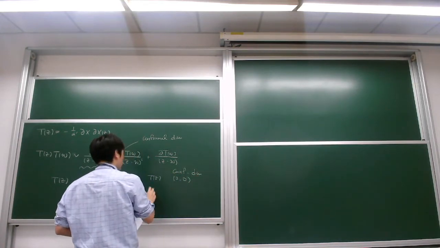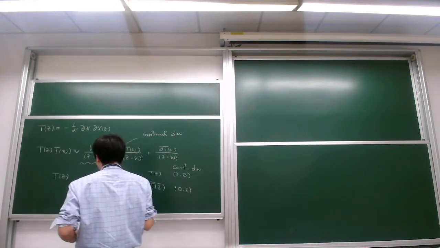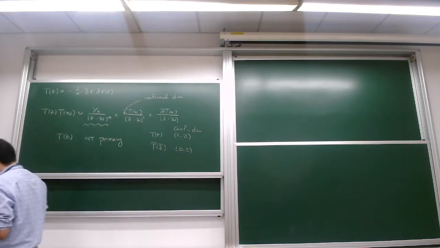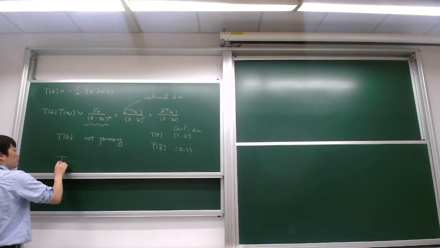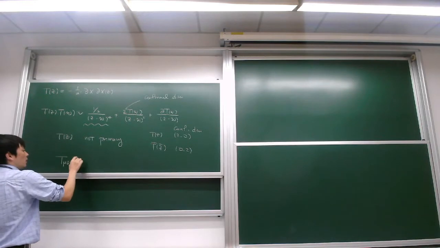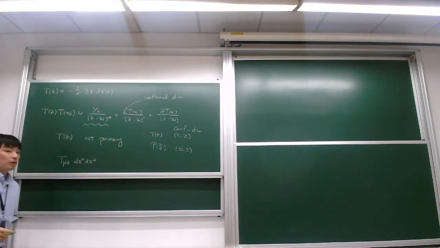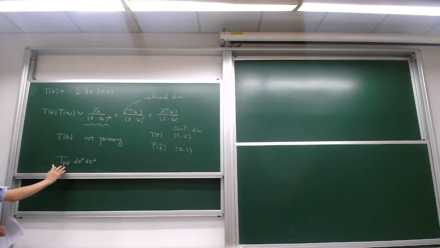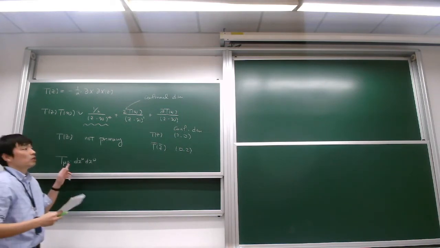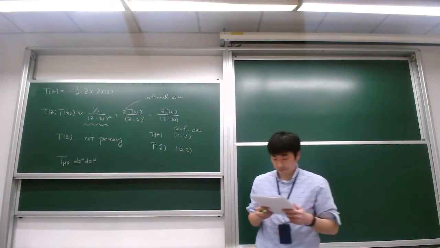Of course, for the anti-holomorphic part, the conformal dimension is 0. This is quite natural: T_mu nu dx^mu, the stress energy tensor is spin 2, so the conformal dimension is 2.